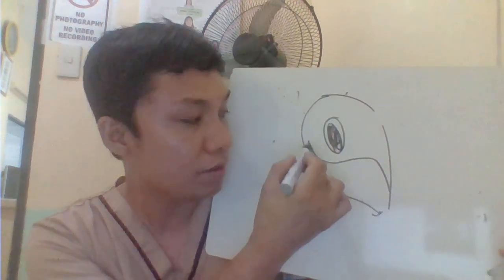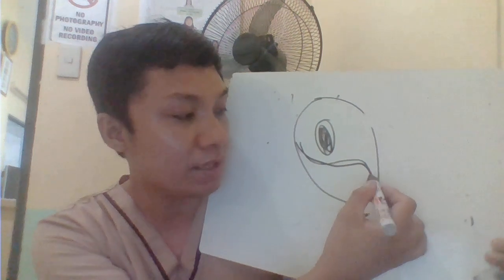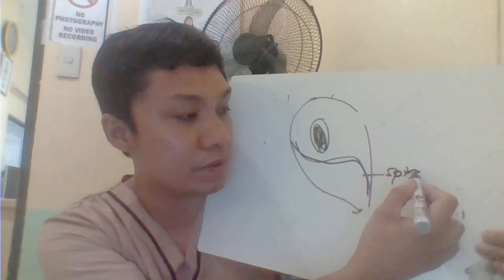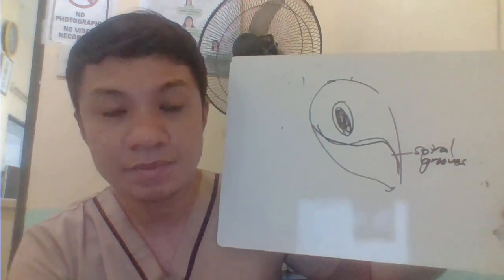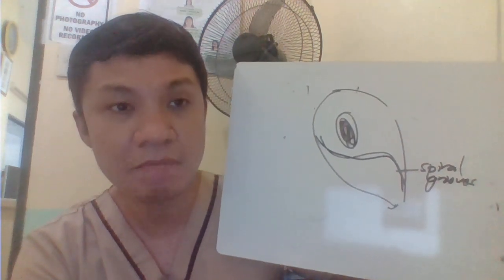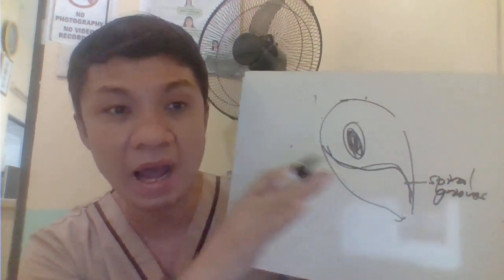And then meron siya dito, nag-divide sa body niya. These are the spiral grooves. The spiral grooves here divide the body of Chilomastix into two unequal parts.